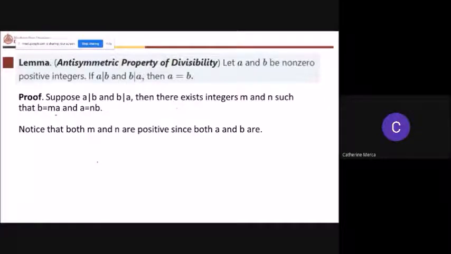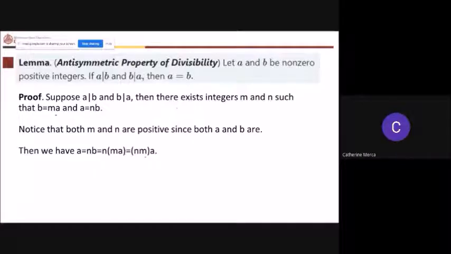That is, a is equal to n times b, and b is equal to m times a. So you replace this time your b to be your ma, and again, by associativity, you associate n and m, then you have this one. But n and m are supposed to be integers, so the result is another integer there.